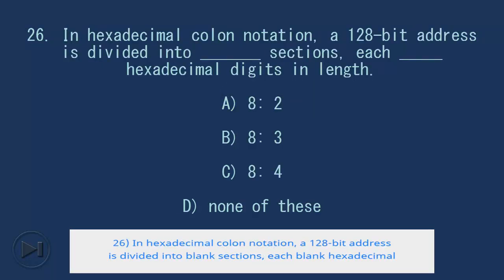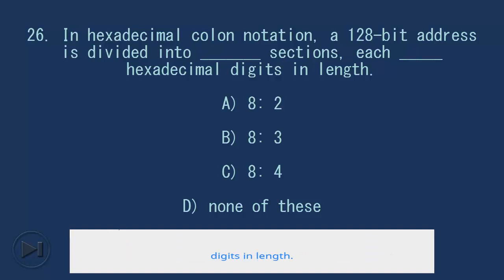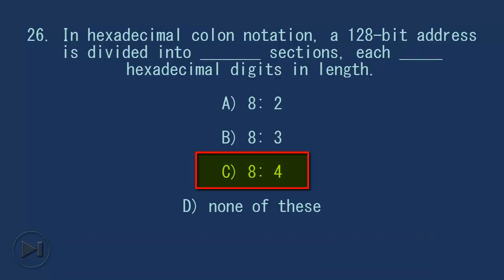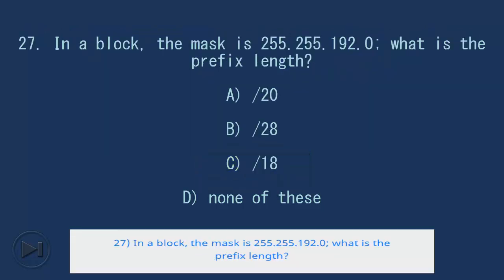26. In hexadecimal colon notation, a 128-bit address is divided into blank sections, each blank hexadecimal digits in length. A. 8, 2. B. 8, 3. C. 8, 4. D. None of these. Answer, C. 8, 4. 27.